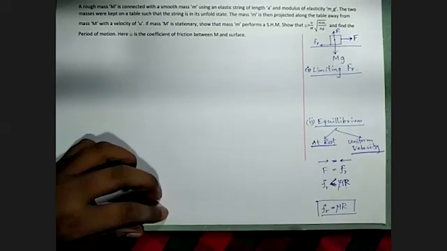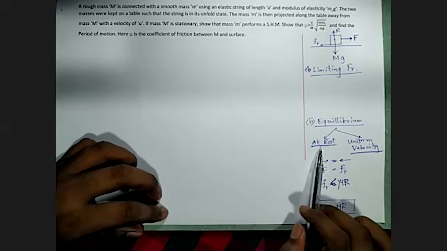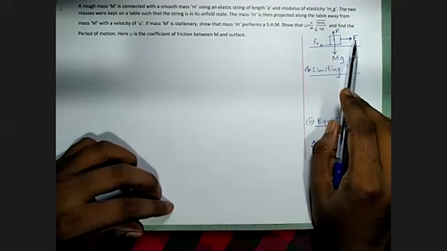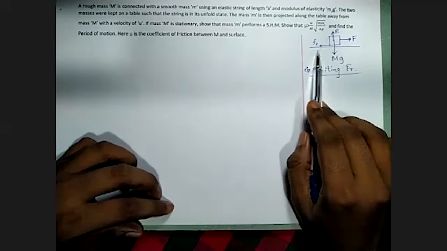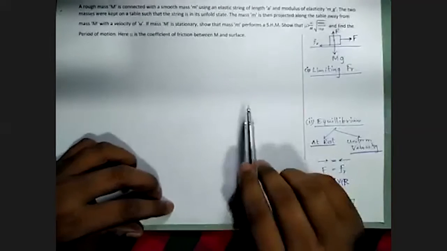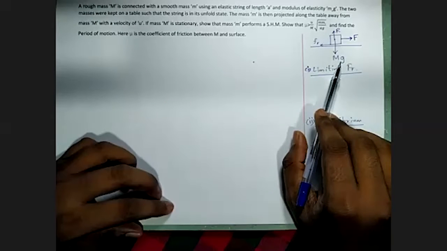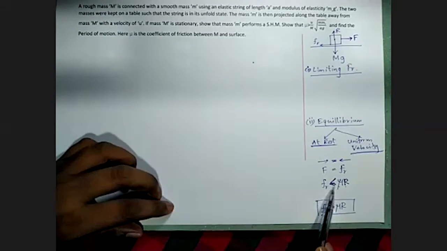But when the object is in equilibrium, sometimes the object can be at rest. That can happen if my applied force is much less than this maximum friction. Therefore, it is always less than, or sometimes it can be equal to this mu R product.